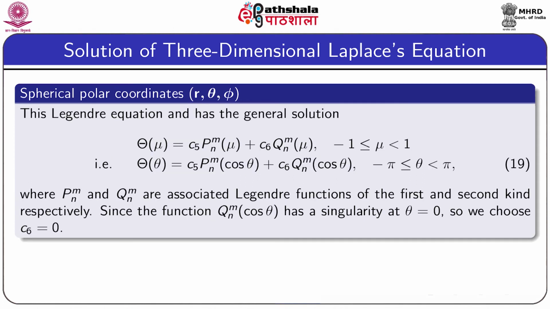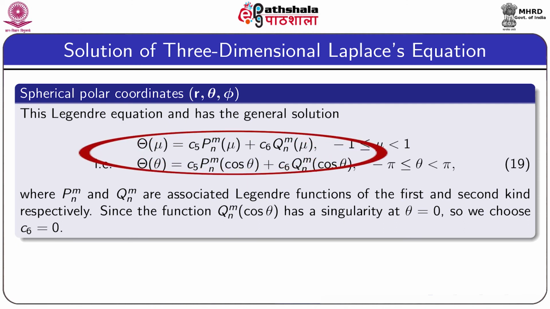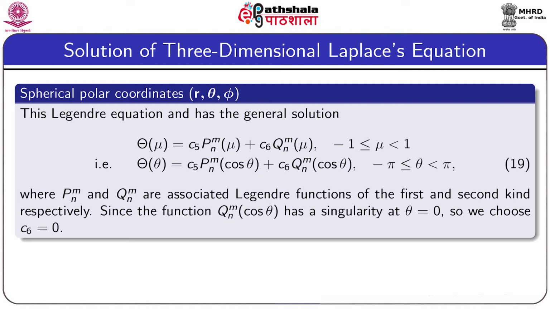Therefore, the solution can be written as a linear combination of two associated Legendre functions, written here as Theta(mu) equals C5 P n m (mu) plus C6 Q n m (mu), where P n m and Q n m are associated Legendre functions of the first and second kind respectively, or in terms of theta we can write the function in this way, which is written in equation number 19.